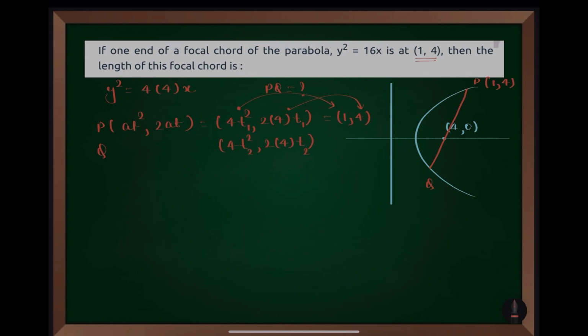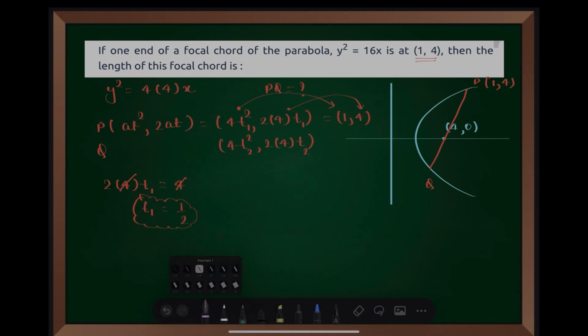If you compare y you will get one value of t1, so you should go with comparing y. Okay, so can I write 2 times 4 t1 equals 4? So this thing gone, so t1 we got as 1 by 2, correct? So we got the first parametric value.